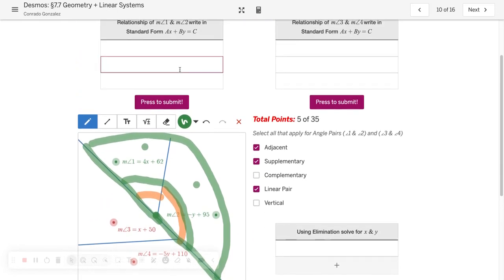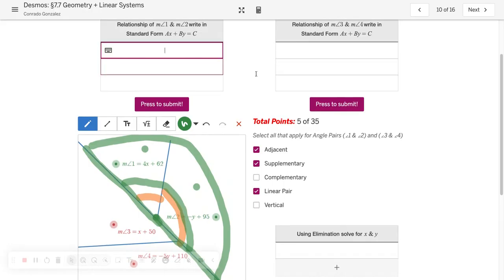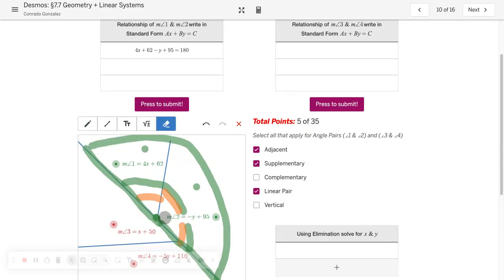So the measure of angle 1, 4x plus 62, plus the measure of angle 2, negative y plus 95, equals 180, right? I'm just getting the expression that I see here for measure 2 and the expression that I see here for measure 1.